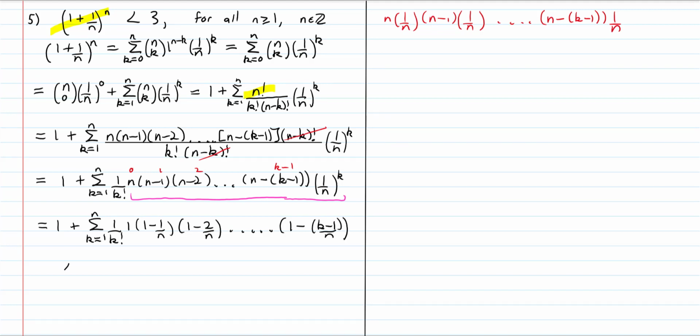And that is going to be less than or equal to 1 plus the sum from k equals 1 to n, and we're just going to have 1 over k factorial.